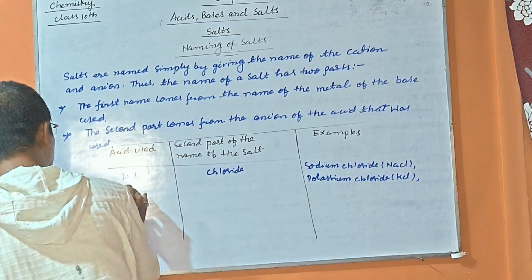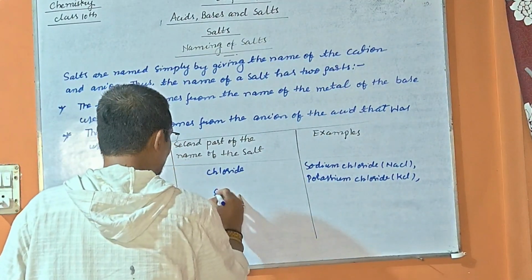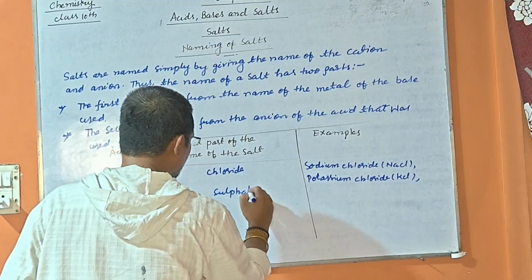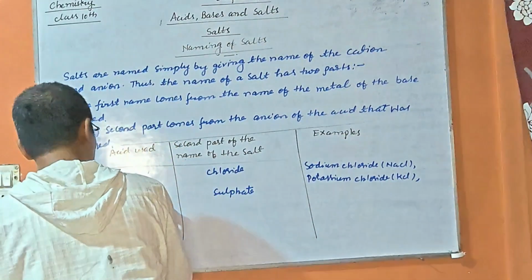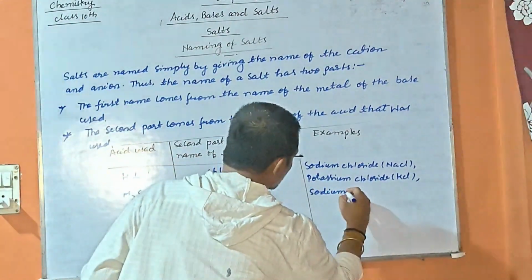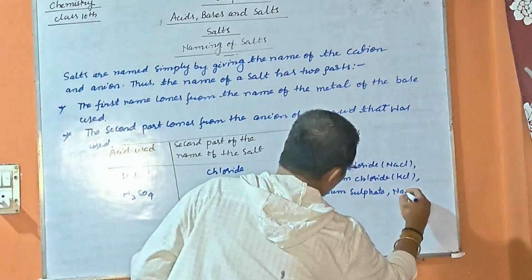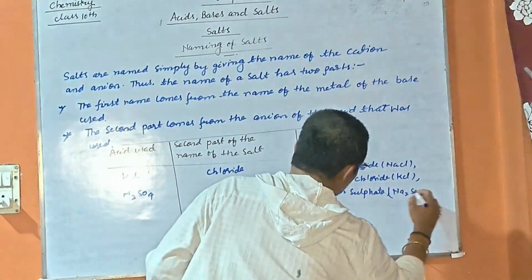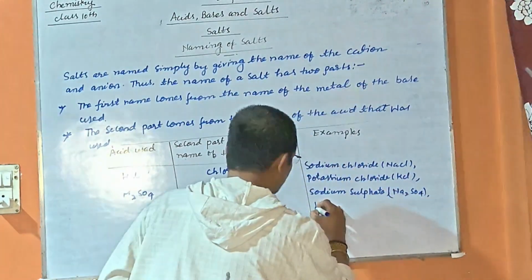Next is H2SO4 as the acid used. We say sulfate is used, so we get sodium sulfate, Na2SO4, and magnesium sulfate, MgSO4.